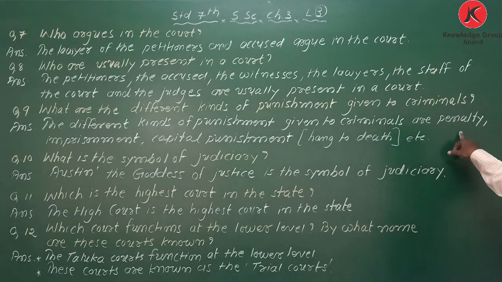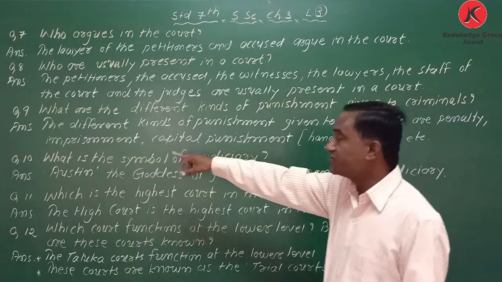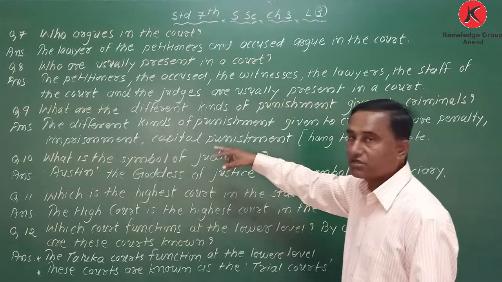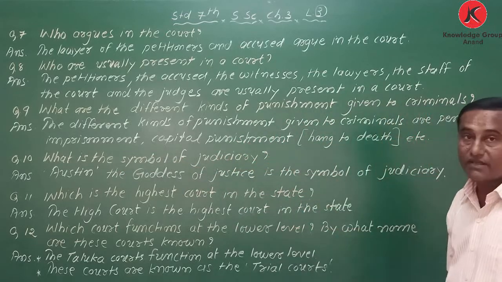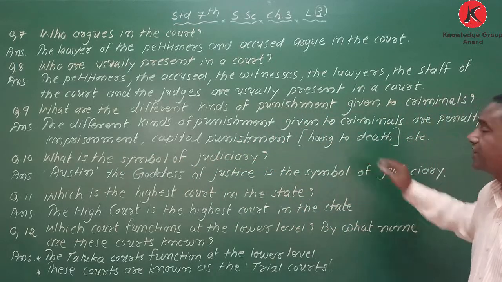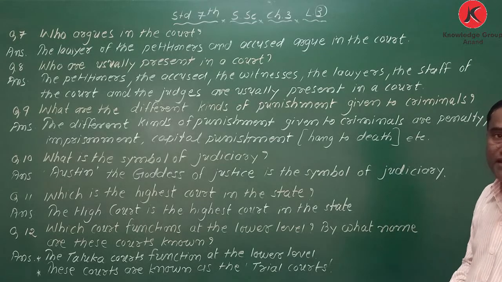Number one is penalty. Imprisonment, jail. Third one, capital punishment. That is the big one. Capital punishment means hang to death.